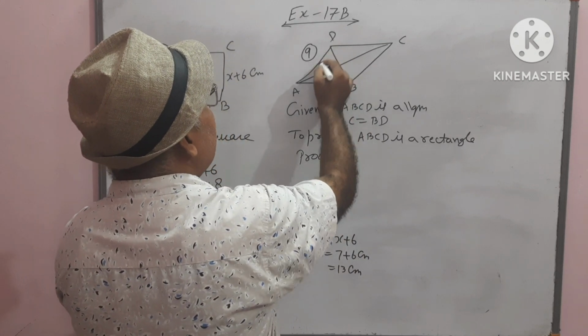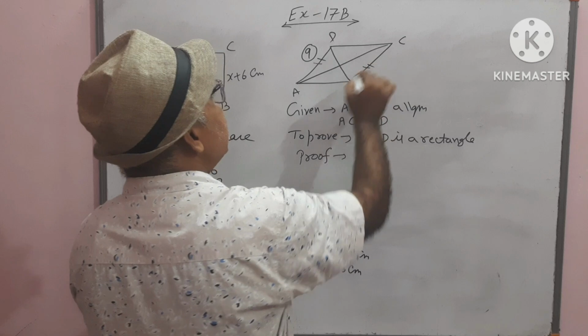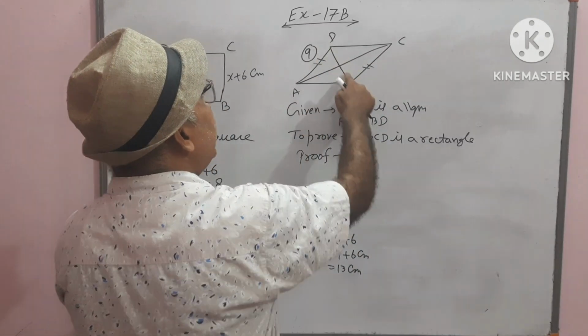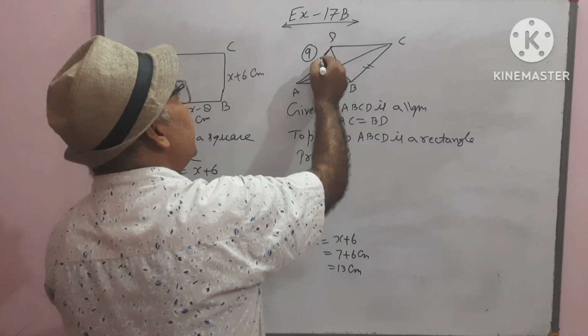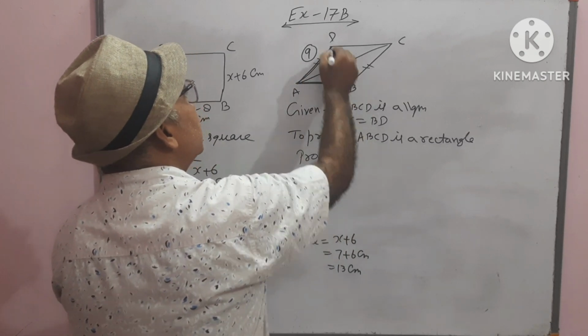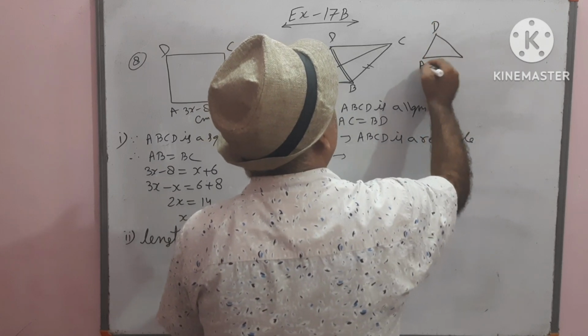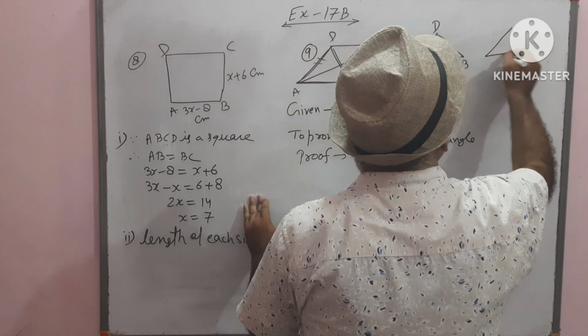It is given that ABCD is a parallelogram, so the opposite sides of a parallelogram are always equal. BD and AC are also equal. Then we will divide it into two triangles. Note it. First triangle DAB and second triangle ABC.